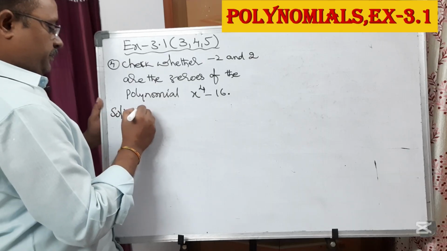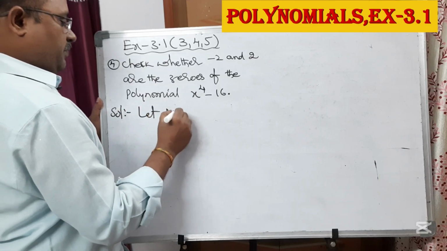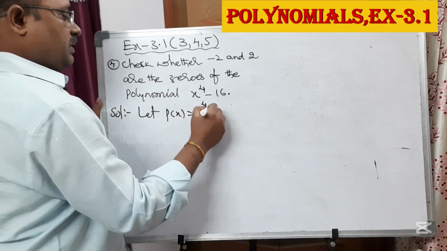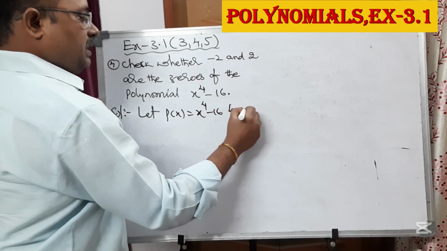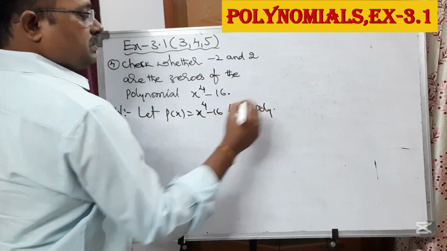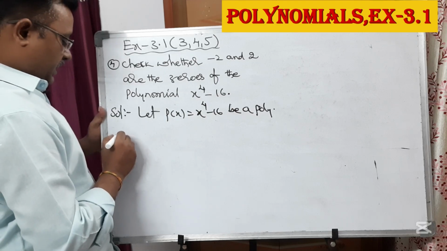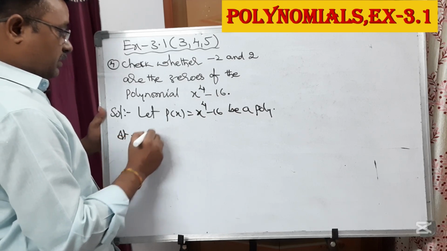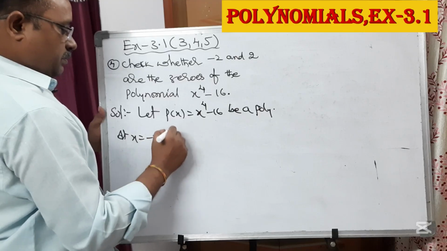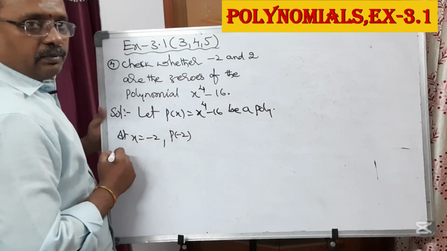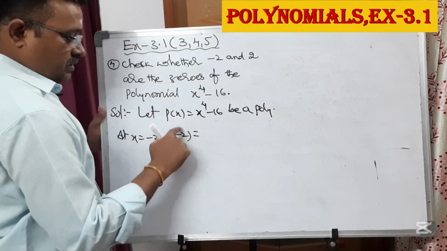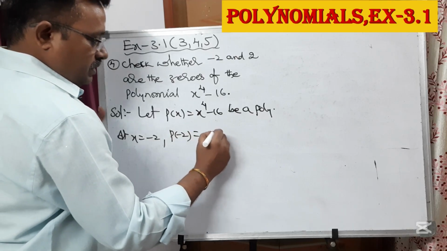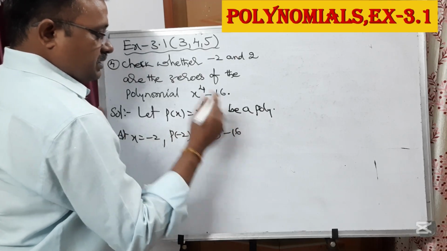Solution. Let p of x equal to x power 4 minus 16 be a polynomial. Simply I am writing like that. At x value minus 2, polynomial value p of minus 2 is equal to x value minus 2 substituted, (minus 2) whole power 4 minus 16.